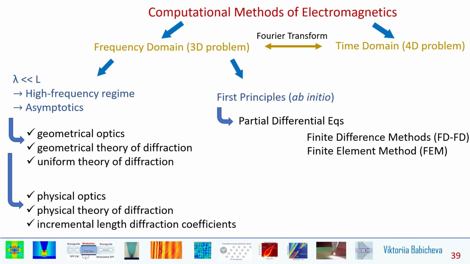And today, the finite element method is the dominating mathematical method. And there is a belief that in the frequency domain, the finite difference method offers no advantage at all in solving Maxwell equations.